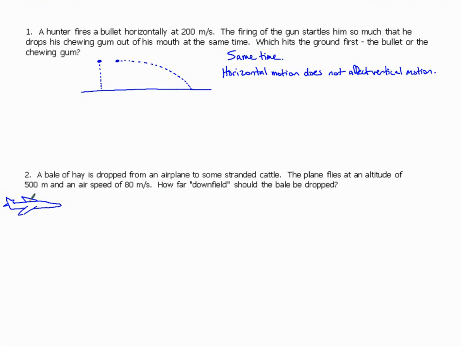The airplane is flying at 80 meters per second. So the bale of hay, let's say it's here attached to the bottom of the airplane. And as long as it's attached to this airplane, its velocity is also 80 meters per second.